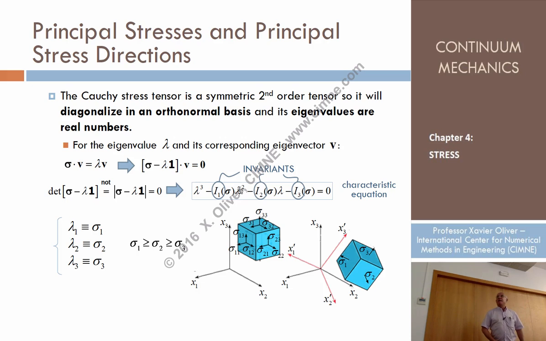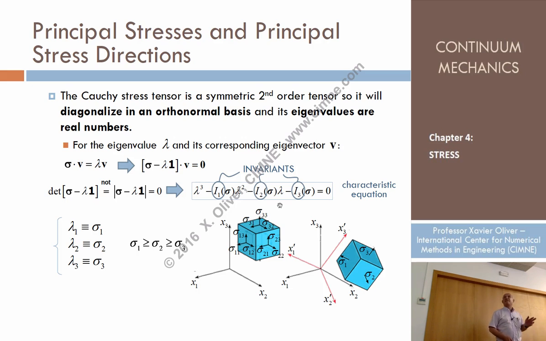But then, if I want to compute those stresses, since the results are going to be the same, because they are physical values, stresses in certain planes, which are always geometrically the same, that means that these coefficients in the new system of coordinates should be the same.